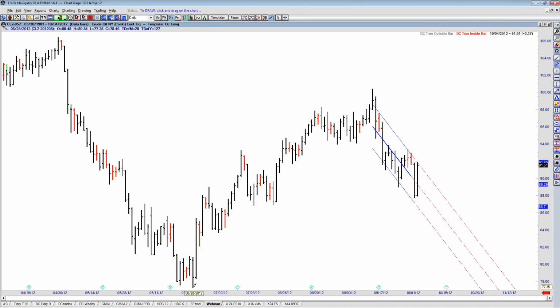We start this from the low. Now remember, all these R's that you see in diamonds at the bottom of the Trade Navigator, this is where the contract's rolled over. This is the futures contract. We don't have an index for this, so we have to use the futures contract, and it's rolled over 1, 2, 3 times in here, and it's quite amazing how that gets quite satisfactorily picked up.